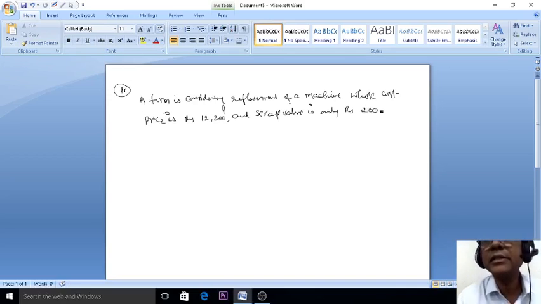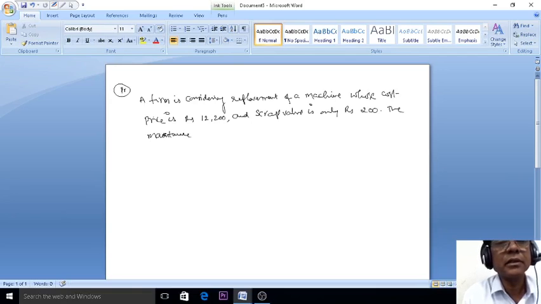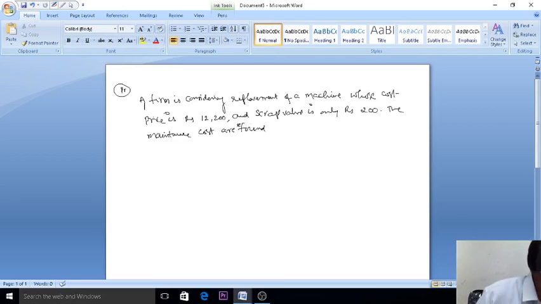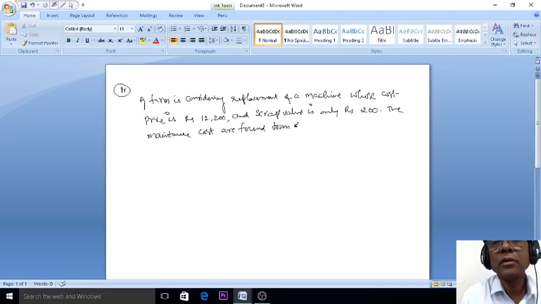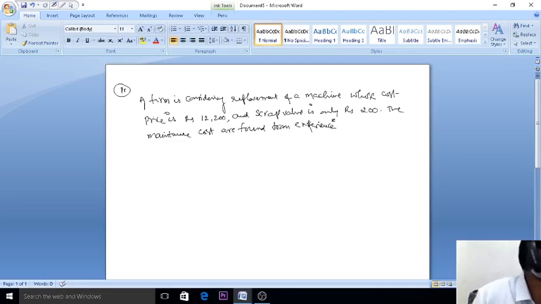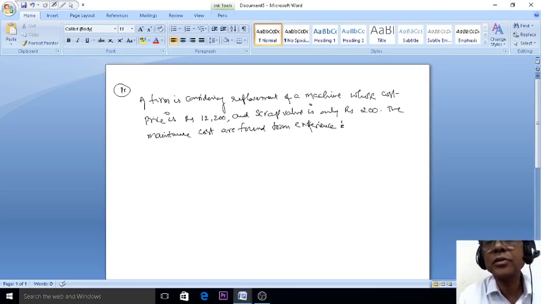The maintenance costs are found from experience to be as follows.